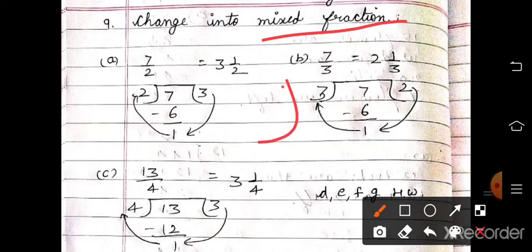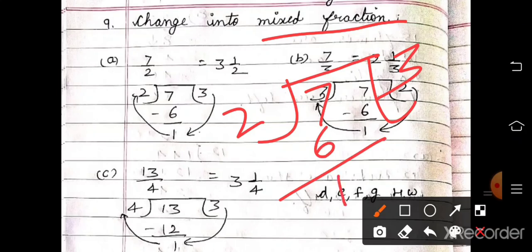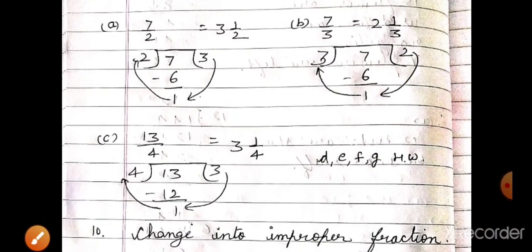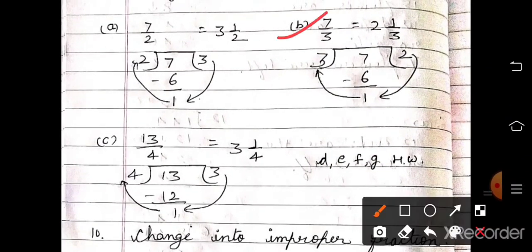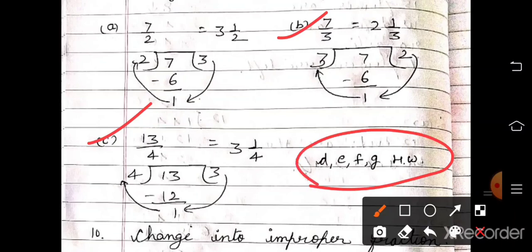So 2 threes are 6, remainder is 1. So first write this 3 whole number, then 1 upon the last 2. Okay, like this you have to do. I have done B and C parts for you. D, E, F, G is your homework.